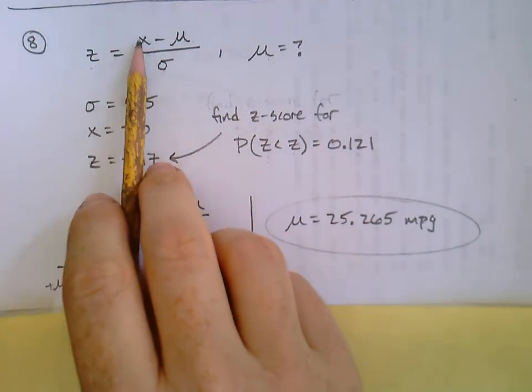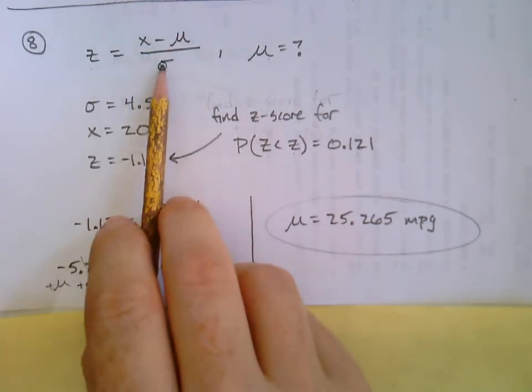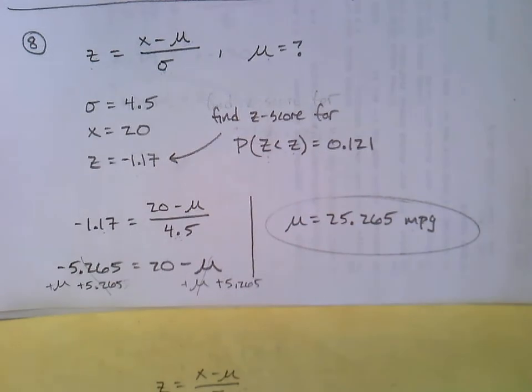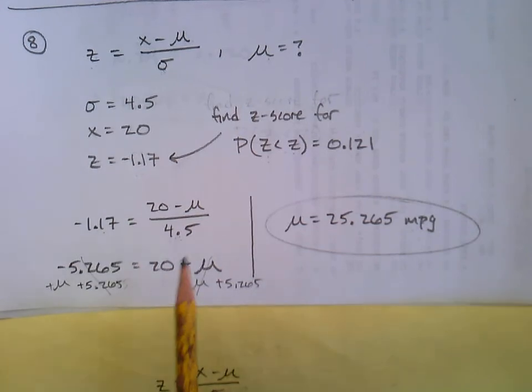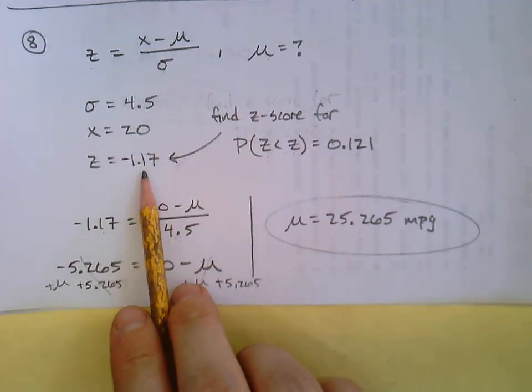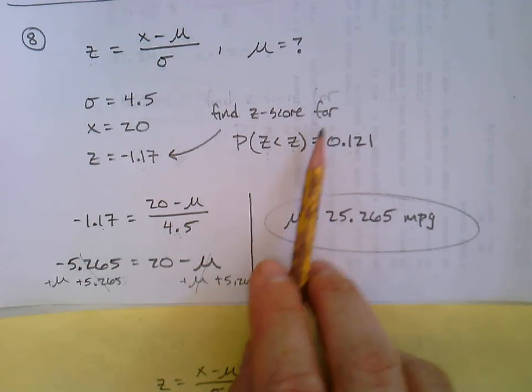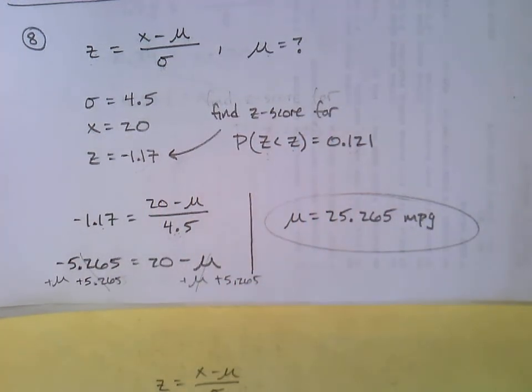Perhaps they're even asking for x, and you have to find z, mu, and sigma, and then you solve that for x, right? That could happen. And of course, the trickiest one, and the one that probably takes the most work, is identifying that z, because they're never going to tell you the z-score, or usually they don't anyway. They'll tell you a percentage, and then you have to use your table backwards to get the z-score they're looking for.